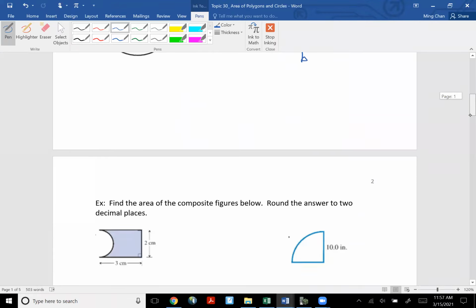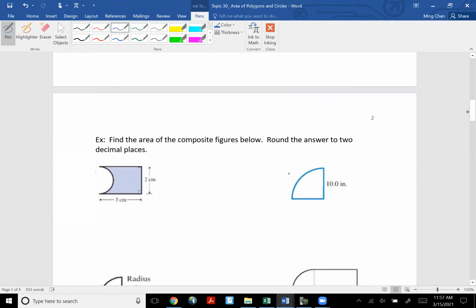All right, so let's take a look at these composite figures. In the previous video, I mentioned that to find the composite figures for area, if you have a shape within a shape, we subtract. If you have two shapes put together, then we add their areas. In this example, it almost looks like a rectangle, right, with a half circle cut out of it.